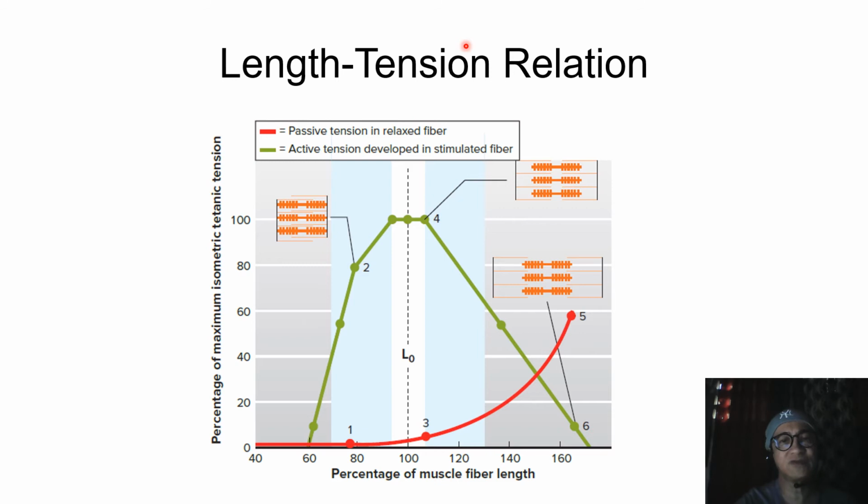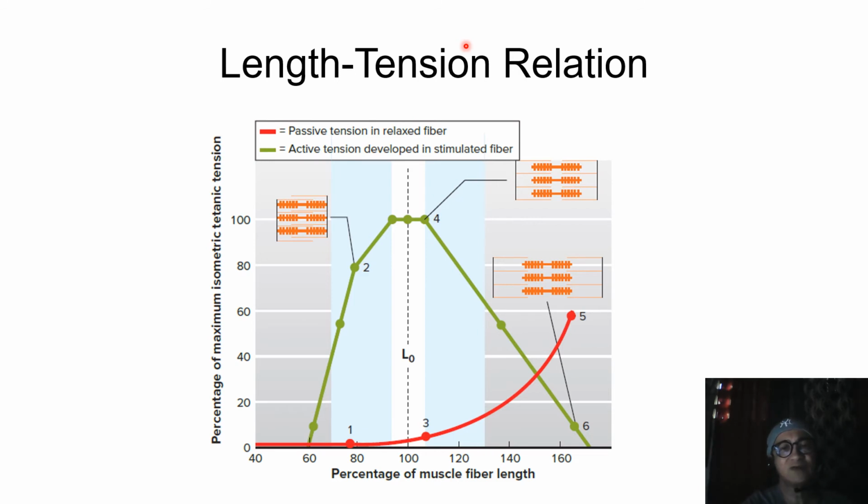The explanation to this length-tension relationship lies in the relative position of the thick and thin filaments of the sarcomeres. Stretching a relaxed muscle fiber pulls the thin filaments past the thick filaments, changing the amount of overlap between them.